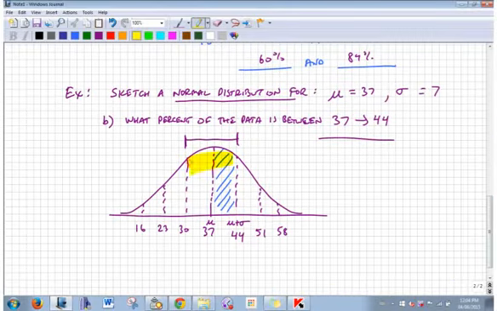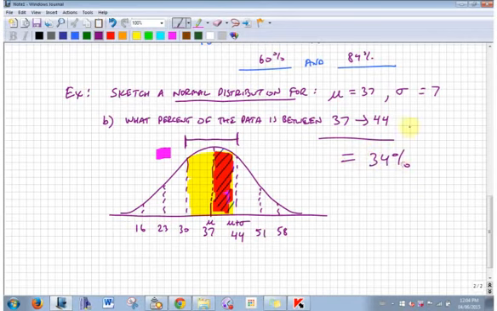Okay, that is 68%. Does that look like about half? It's symmetrical. If that's 68, then, hey, look at that, eh? Purple and yellow make red. What's half of 68? 34% of the data is between 37 and 44.